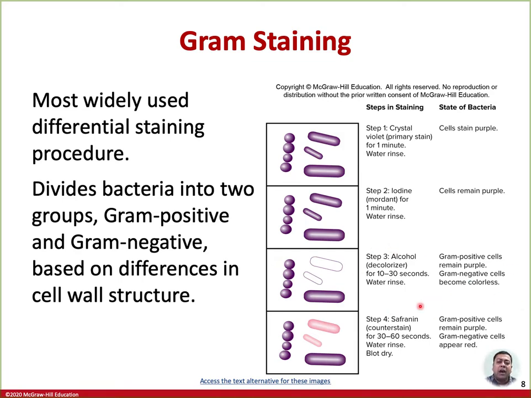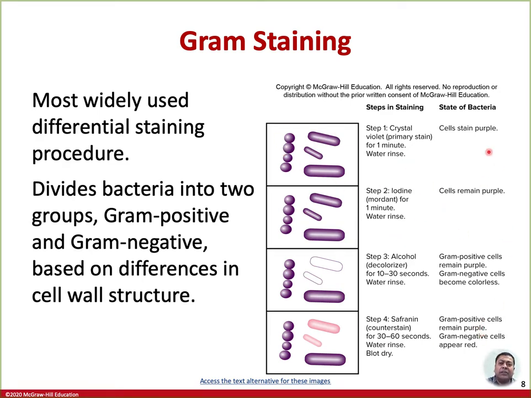So they have now exposed all their dye binding sites, and now you add the safranin, which is a pinkish red color, and for about 30 to 60 seconds you expose the cells to it, and you water rinse and blot dry. After drying, you visualize them under the microscope. You will see that the gram positive cells remain purple, whereas the gram negative cells appear red. So what is the principle of that?